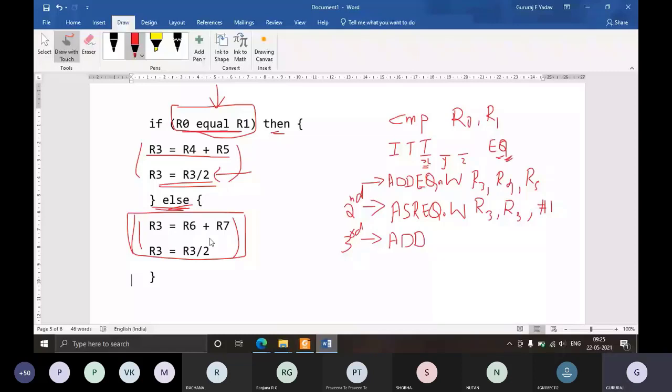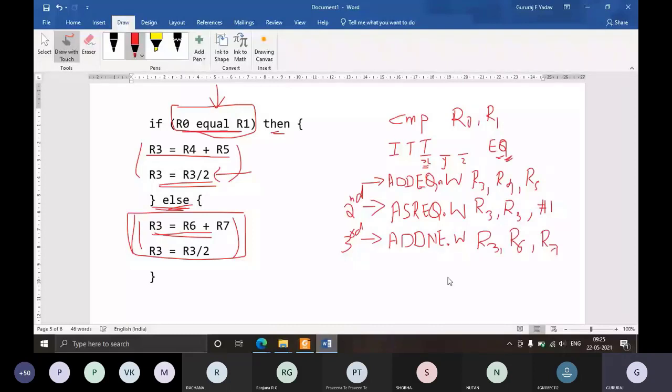So it is specified as NE, not equal, NE dot W. R3 is the destination, and you have to add R6 with R7. Fine. So this is the third statement.